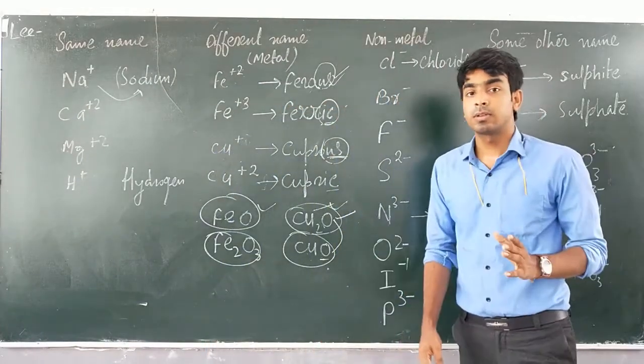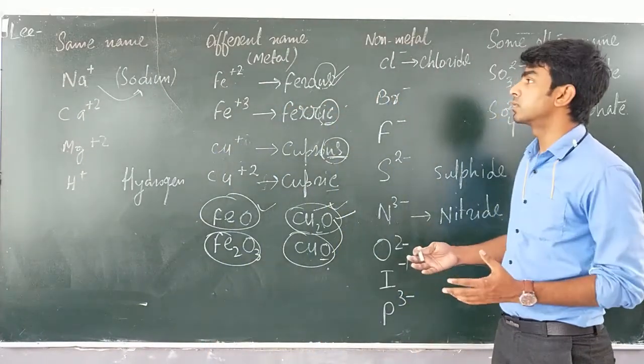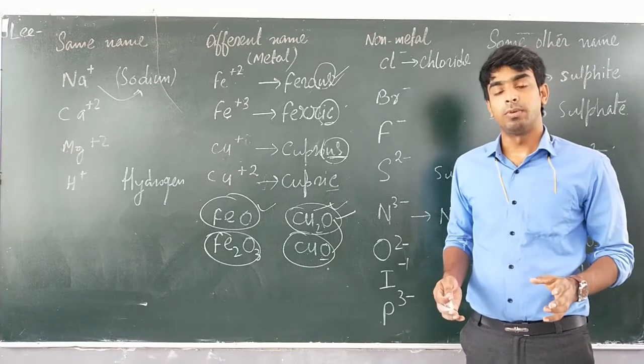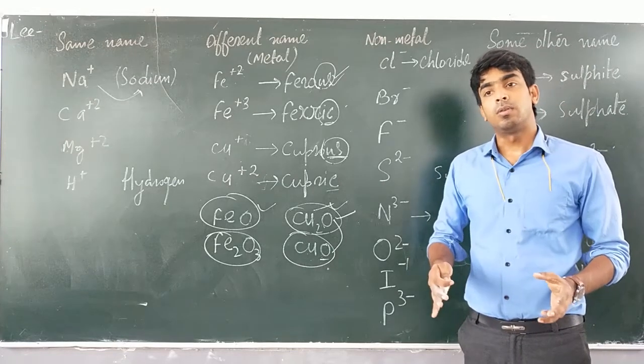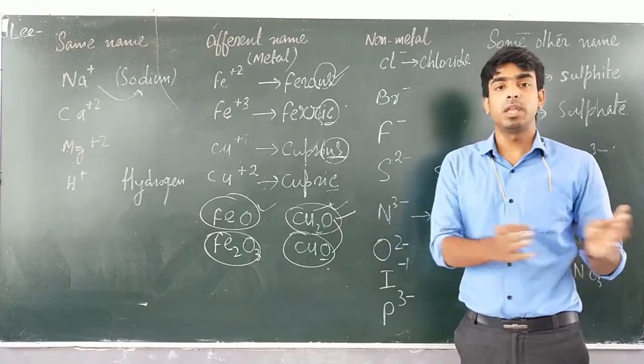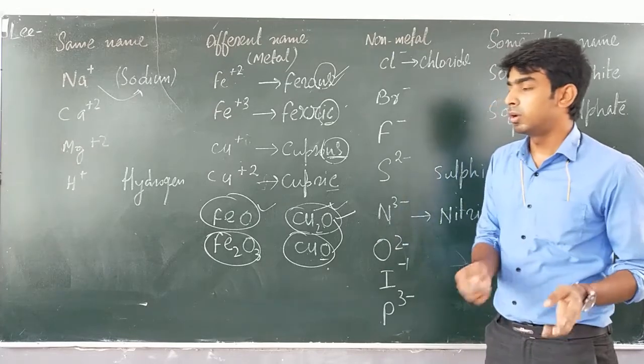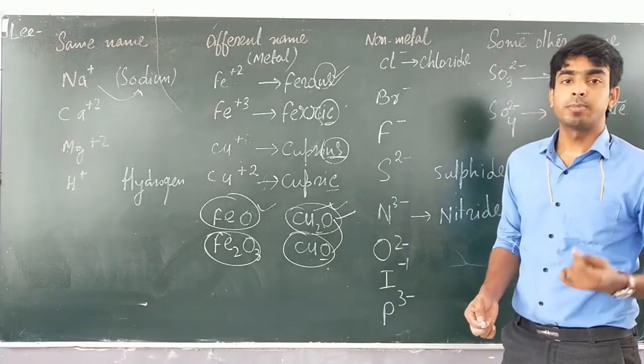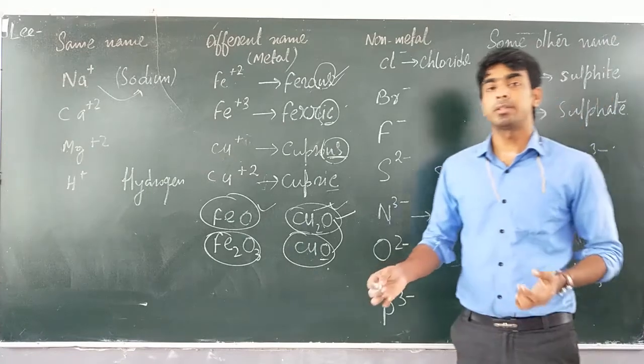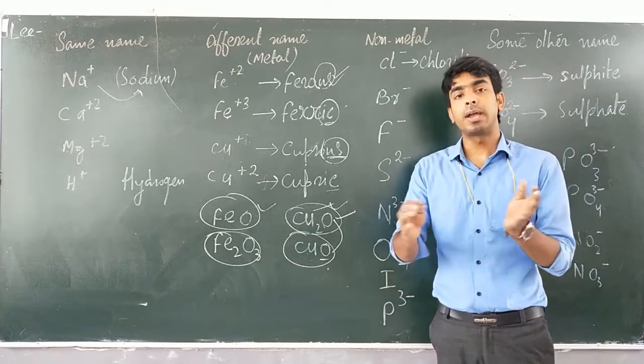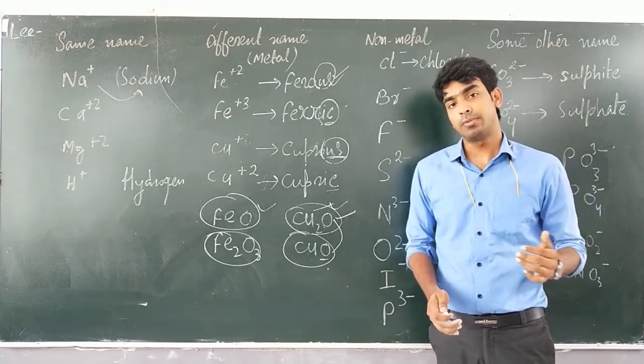Why are we learning this? One thing you should remember: when we find the chemical formula and a name is given, like calcium hydroxide, how will you write the chemical formula through the procedure that we have?